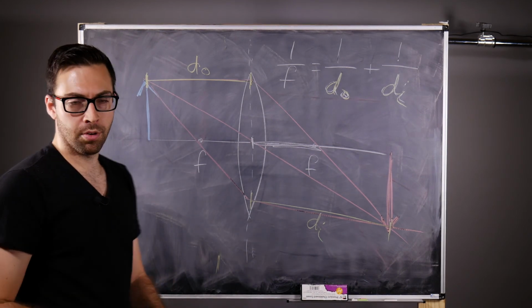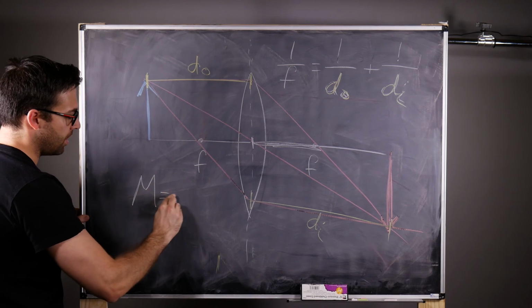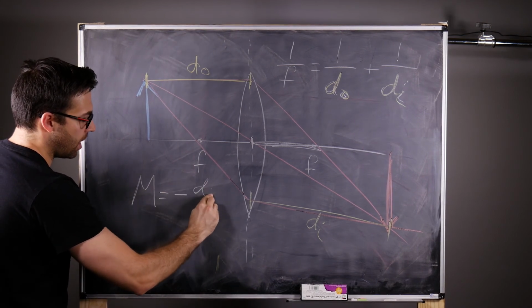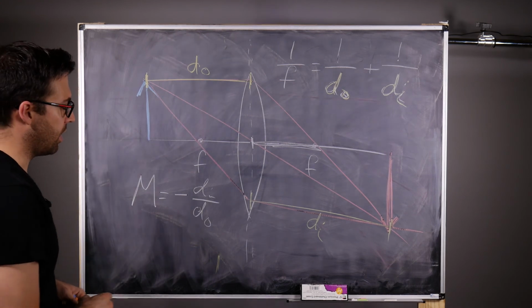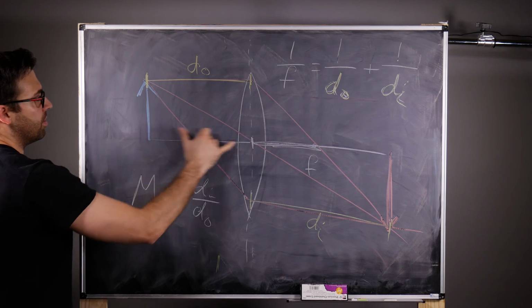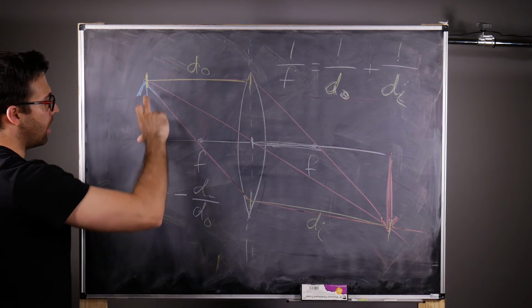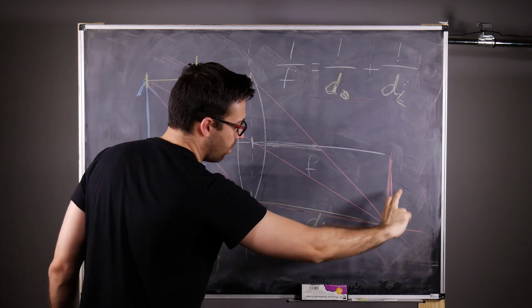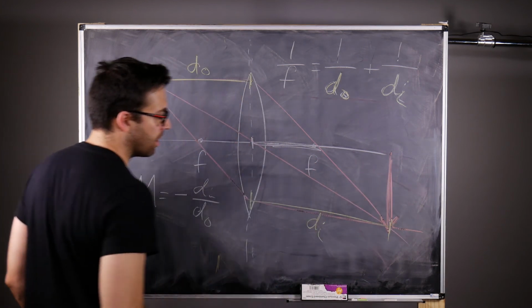Another important optical concept is that of magnification. We define magnification as negative di over dO. So this distance over this distance will tell us how big or small this object's image will be magnified.